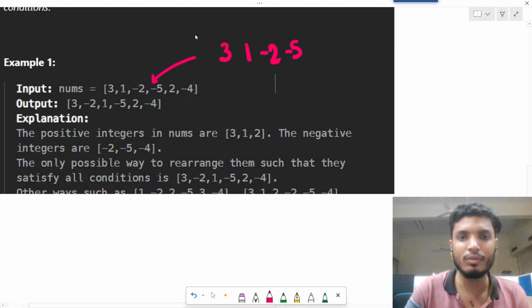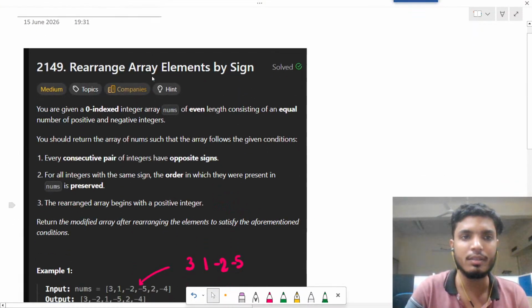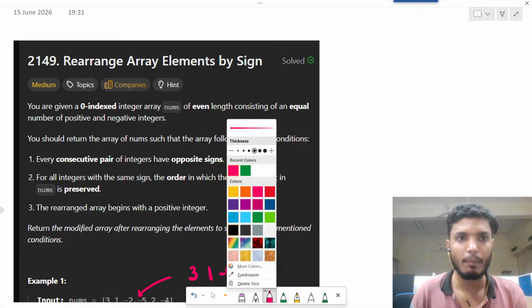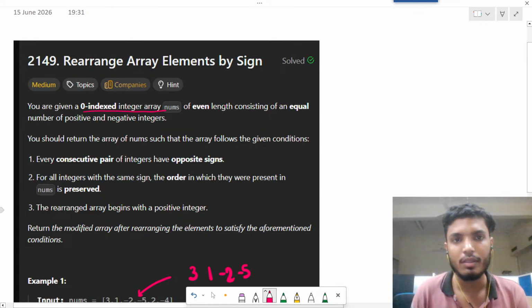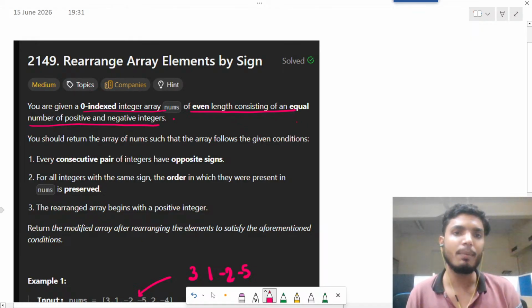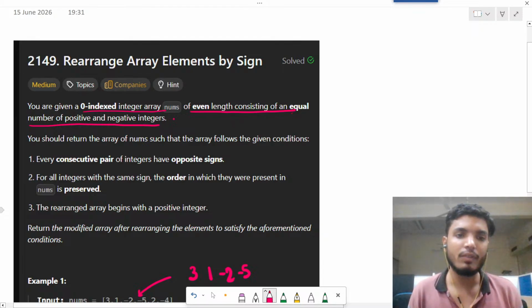Let's read the problem. We can just spend 5 minutes reading this. You are given a zero indexed array nums of even length consisting of an equal number of positive and negative integers. So what is happening is that the array will contain an equal number of positive and negative integers.